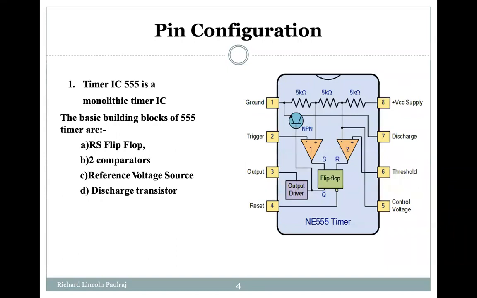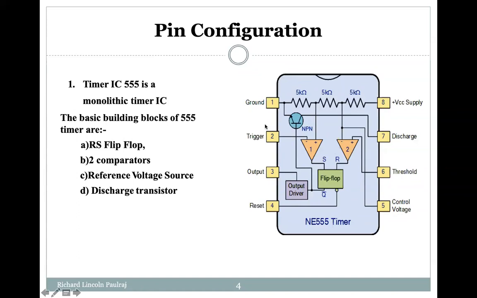Here we are seeing the internal structure. Basically it has 4 basic building blocks: an RS flip-flop, 2 comparators, which are these, comparator 1 and 2, a reference voltage source, and a discharge transistor.